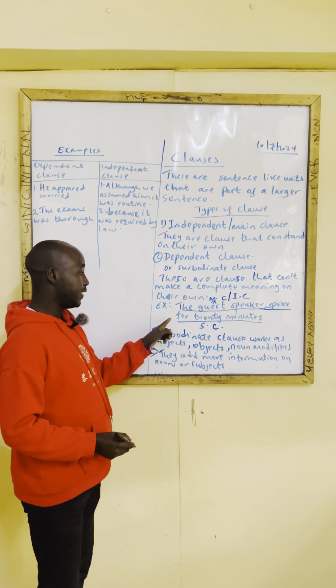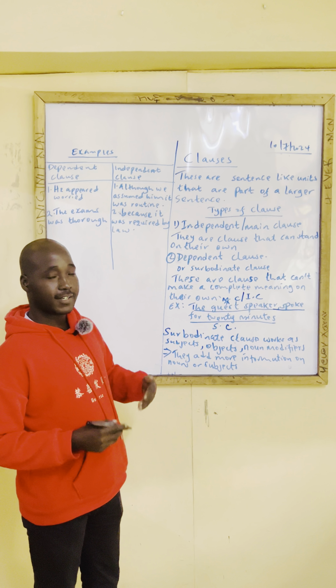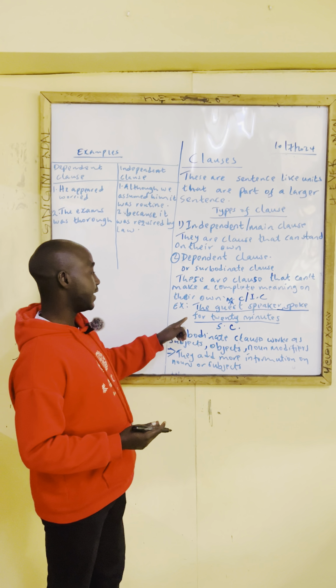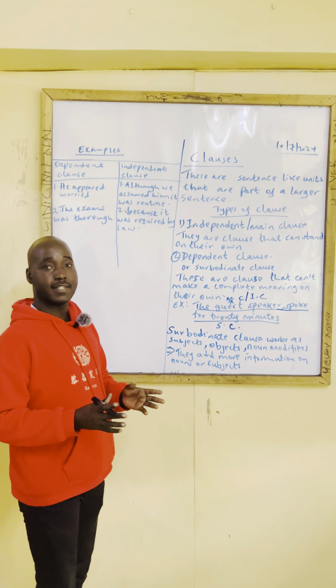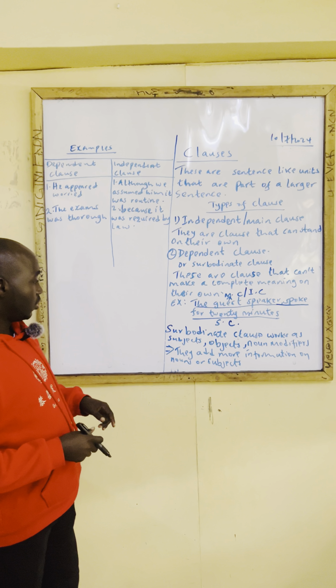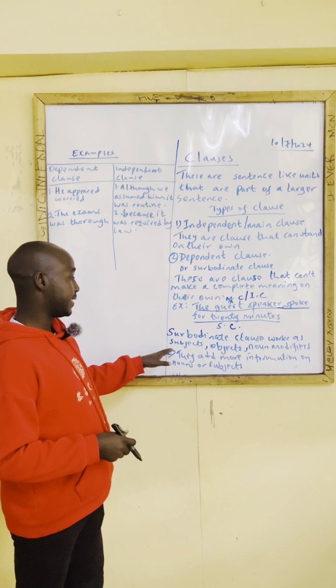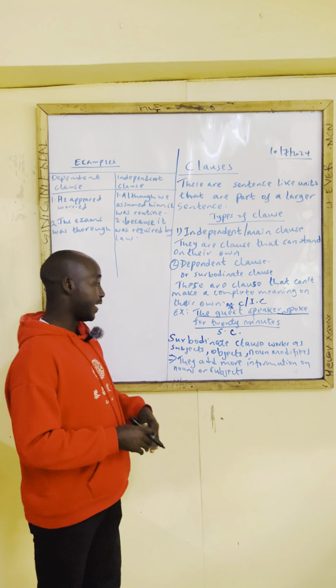On the other side, when you say for 20 minutes, somebody cannot understand what you are saying. So that is a dependent clause because it does not show a complete meaning. A subordinate clause works as subjects, objects, or noun modifiers.